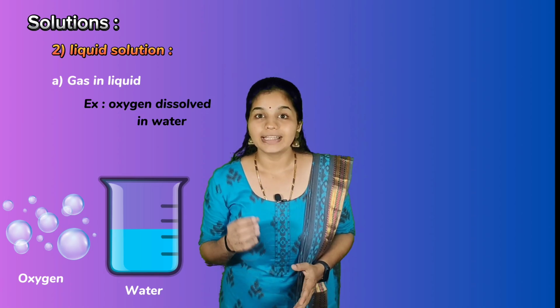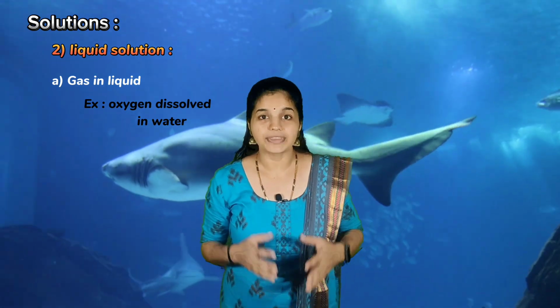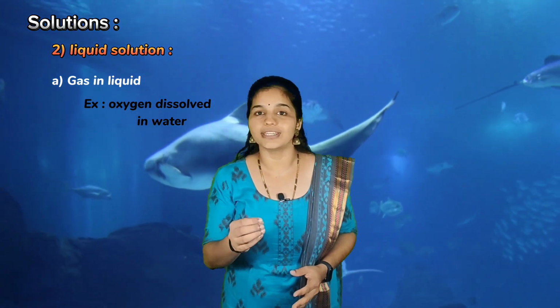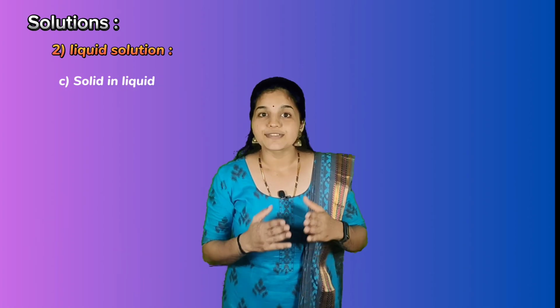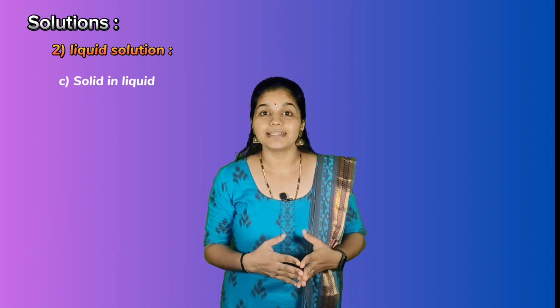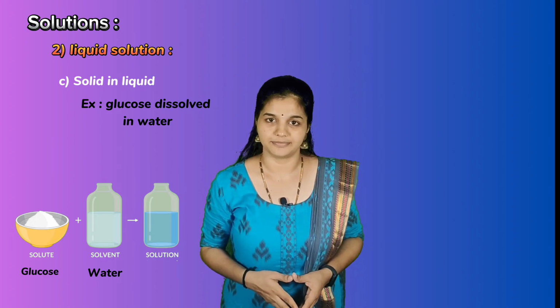Do you know? The aquatic life, meaning animals and plants which are living in water, they use dissolved oxygen for their survival. Next type is liquid in liquid. Example is ethanol dissolved in water. Solid in liquid. Example is sugar, salt or glucose dissolved in water.